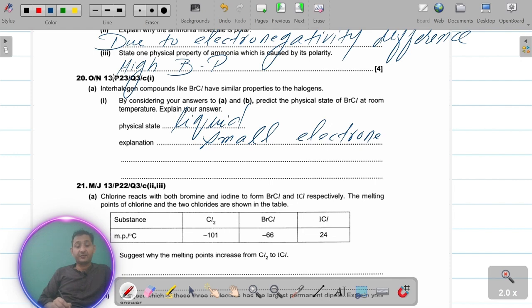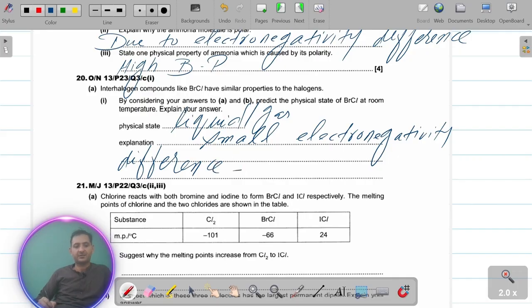I think the information of the question is missing. According to me, it is a gas because there is a small electronegativity difference between Br and Cl. The question information is missing actually, that's why I'm writing it casually.